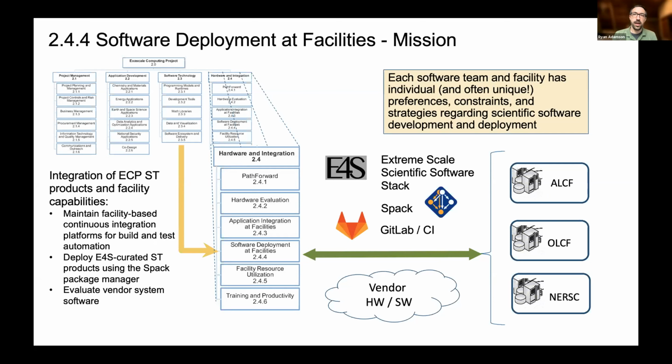So that's GitLab. And I think of that as providing a platform for automating the building and the testing that all facets of ECP and also the facilities can take advantage of to just provide software assurance, right? That what we're installing makes sense. And then the smaller piece that I won't touch on too much today is again, evaluating vendor system software. I want to call out though that.